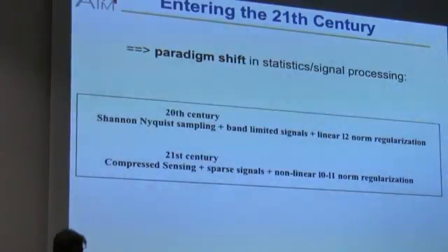While we had been using for years the channel theory, discrete estimators, and band-limited signals as a model, the new way to interpret the signal is to use the compressed sensing theorem to have a new modeling of the signal, which is a sparse signal, which is not band-limited, and to use other norms to minimize the solution, which is the L0, L1 norm.